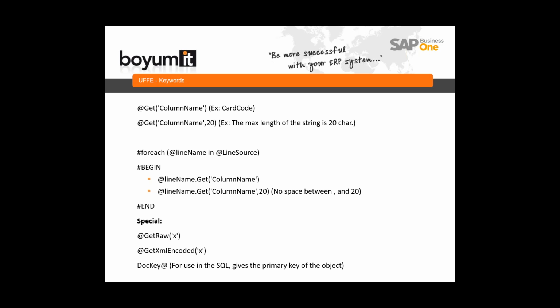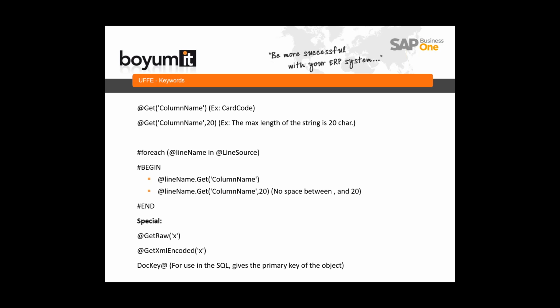So in many formats you have a fixed length, so you can only have 100 characters in this field. So you can tell UFE that it should just chop off the string if it reaches 100 characters. You can use the same syntax on line level, so you can again say I want to chop off the string if it goes beyond some kind of integer.